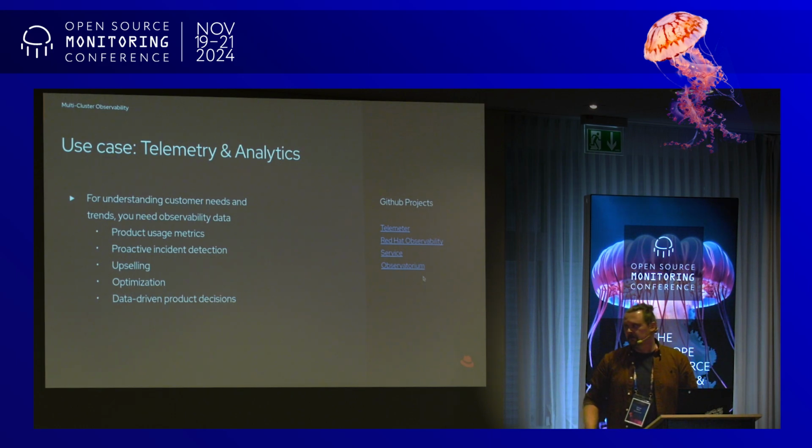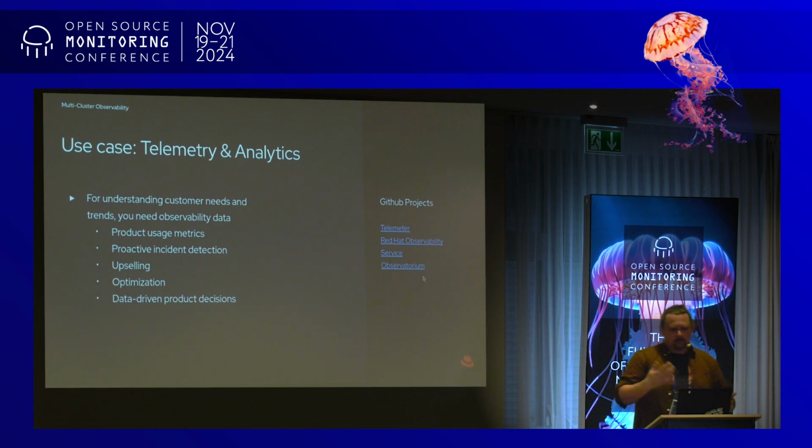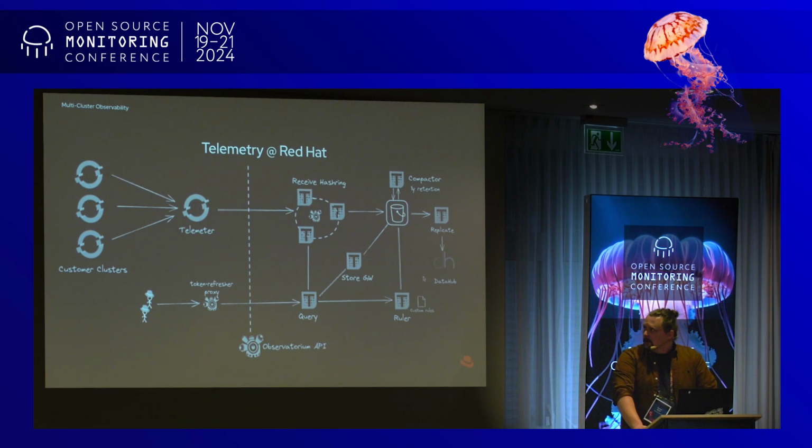And of course we can have data-driven product decisions like, we're seeing data about how optional Red Hat operators are used for customers. We can focus our development teams on these kind of things. So let's look at how the telemetry architecture looks like.